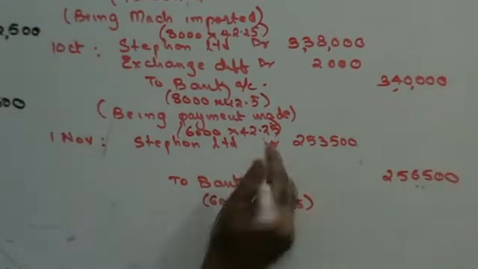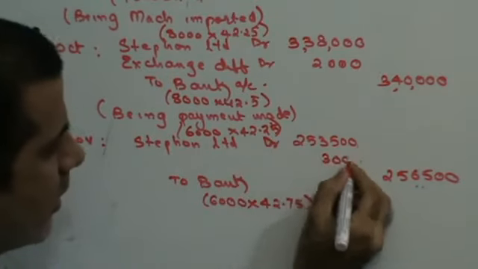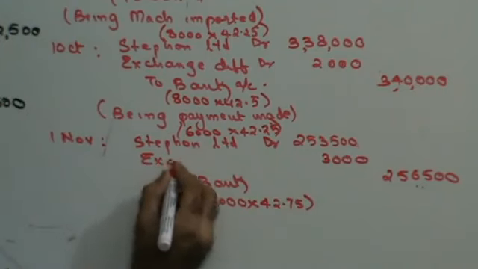Right, someone give me the difference please. 3,000. That is going to be 3,000 exchange difference account debit.